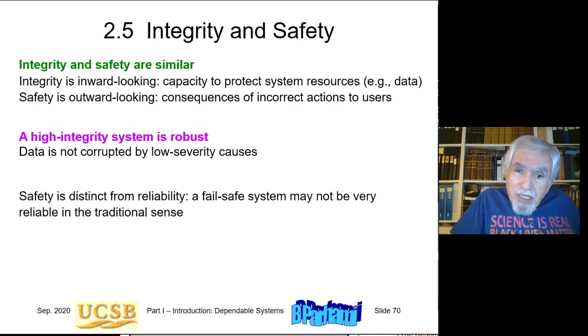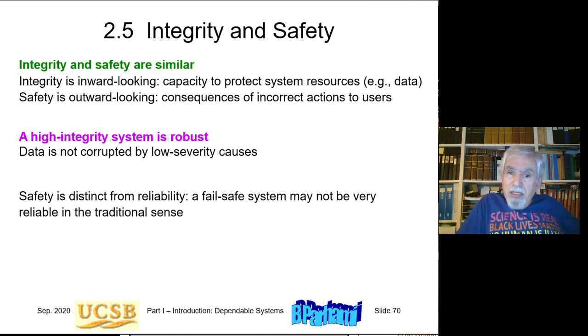So for example, if the flight control computer is a fail-safe system, and when it fails, the pilot knows immediately that it has failed, and it no longer controls anything in the aircraft, then the pilot can take over, do manual procedures, and land the plane safely. So this particular computer may not be reliable because it actually fails quite often, but it fails in a safe mode. Okay, that's the distinction. So a fail-safe system may not be actually very reliable. They're two different things.